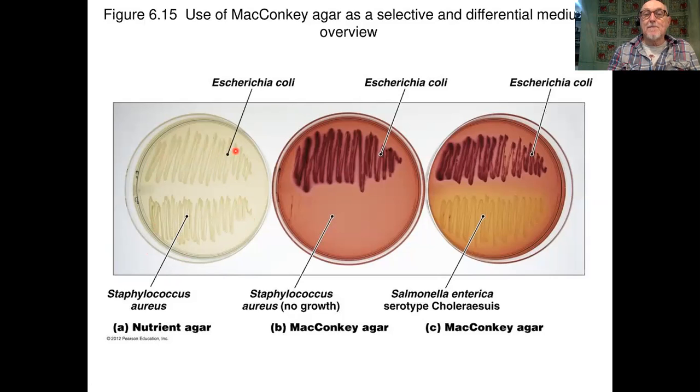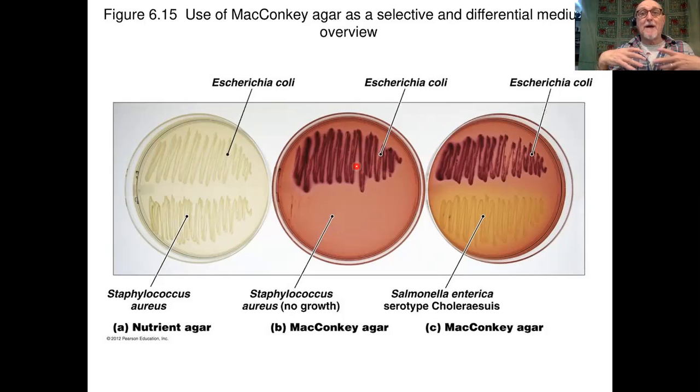Now we're going to take the same two, and we'll grow them on MacConkey's. Here's the E. coli, grows perfectly well. Here's Staphylococcus, completely inhibited. It is inhibited by the bile salts, and it's inhibited by the crystal violet as well. The bile salts is interesting. Why do you think E. coli is tolerant of bile salts?